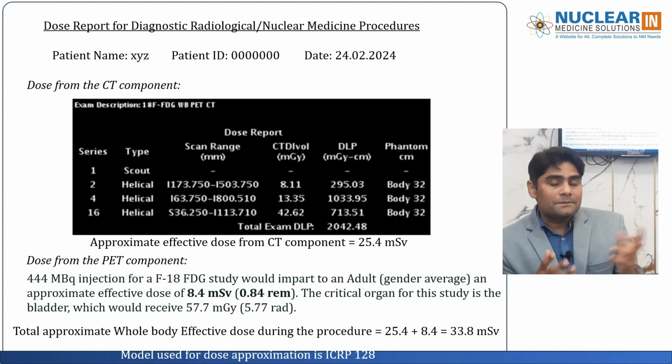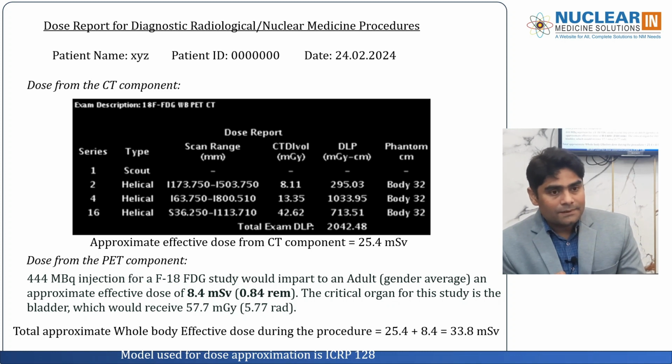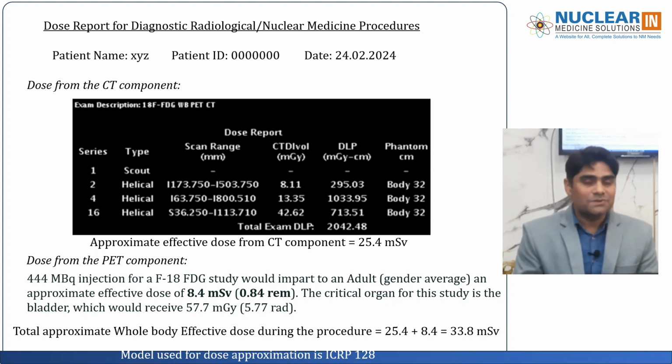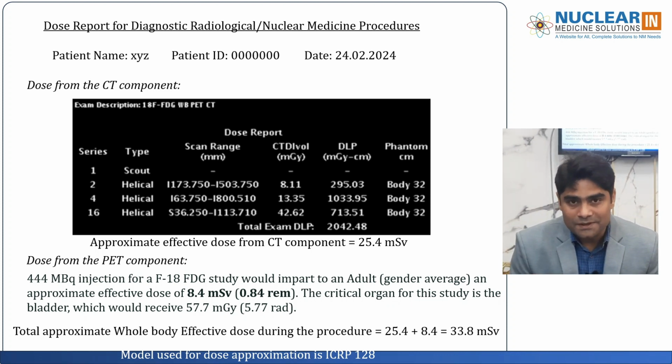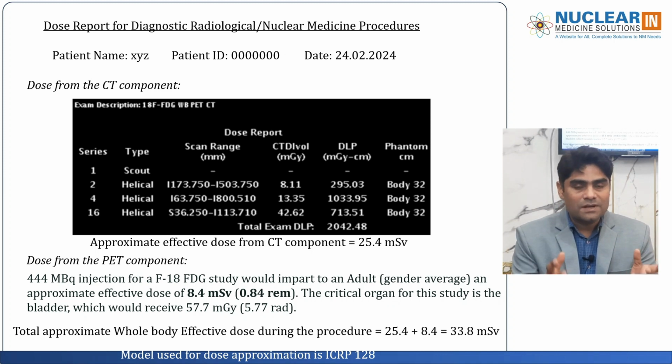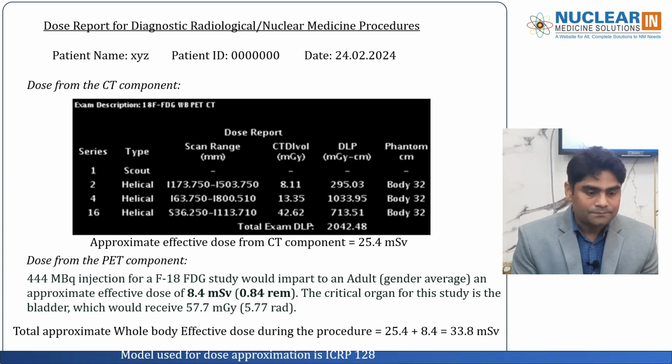So it can create resistance for the referring physician who is asking for the PET-CT, and the patient will say, I have already received this much dose, so should I go for the scan or not? So considering all, at least we should have a thought whether this should be given to the patient or not.